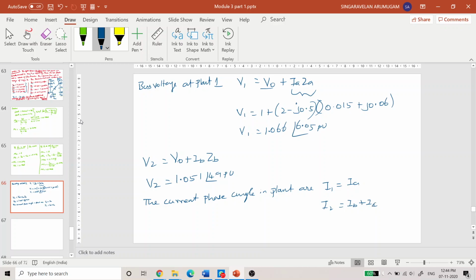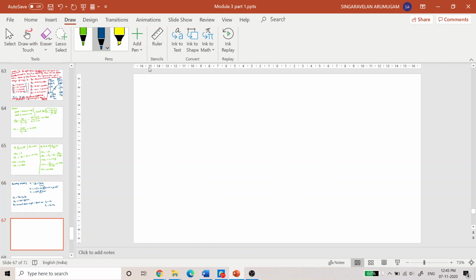So we know the IA value is 2 minus j0.5, and del 1 is the tan inverse of this I1, which is minus 0.5 divided by 2. So from this IA value I will get the del 1 value, and if you substitute, this is minus 14 degrees. This is the del 1 value.